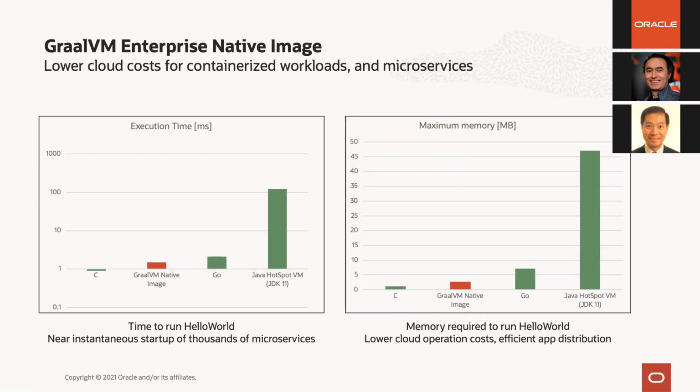The message here is, if you're a Java developer thinking of going to the cloud and writing microservices, and you're thinking, oh, I guess it's time to learn Go, I need to really move on from Java, this is not the case. You just need to take your Java application and compile ahead of time to get these kinds of performance results and be competitive with the other technologies.